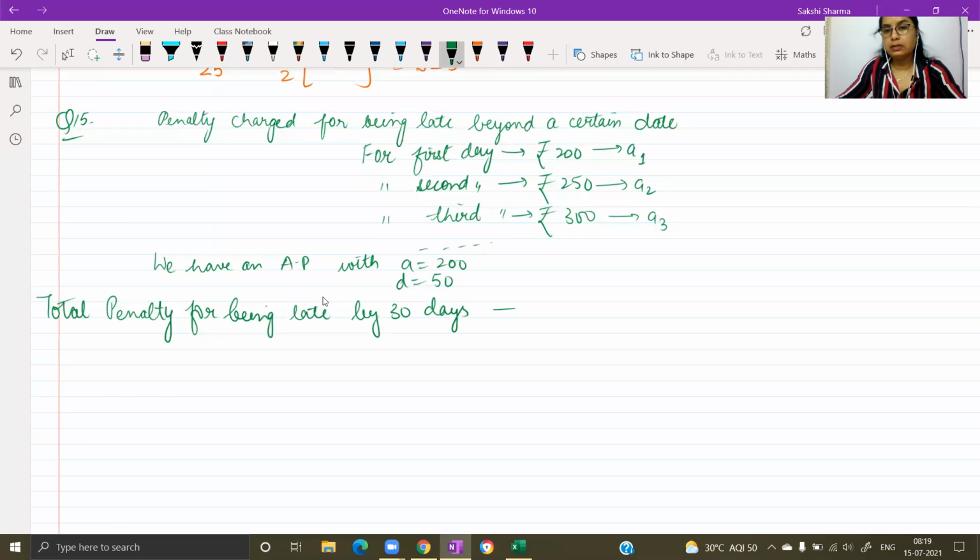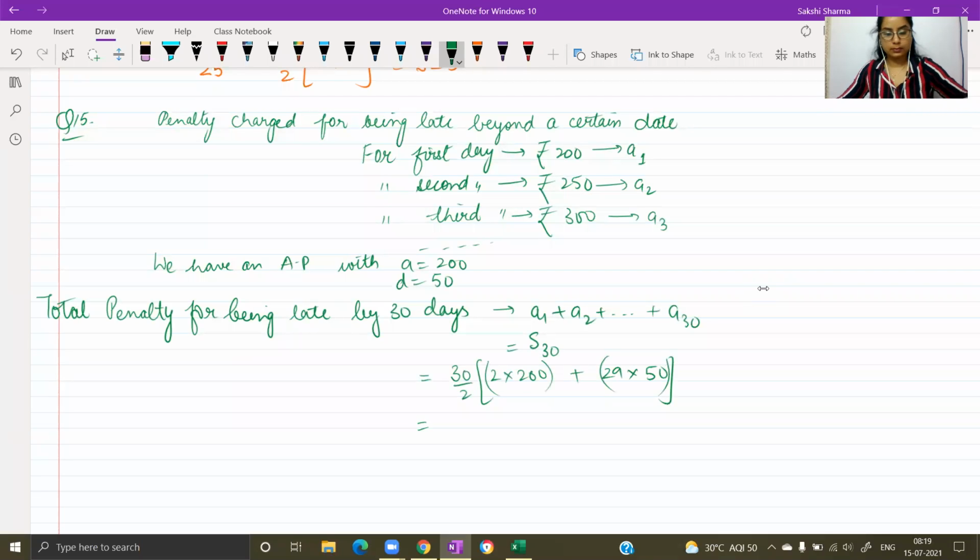For delaying the work by 30 days, we will have A1 plus A2 plus so on up to the 30th term, which is S30. Apply the formula and then you can solve. 27750.